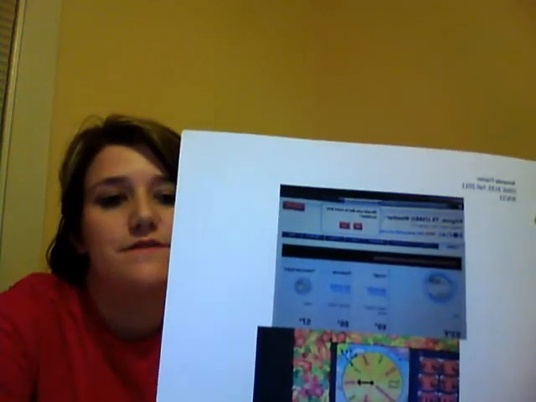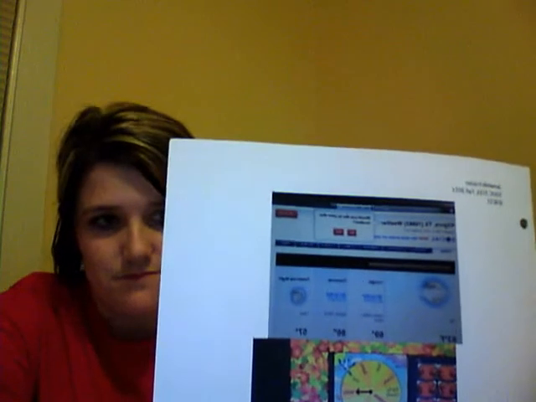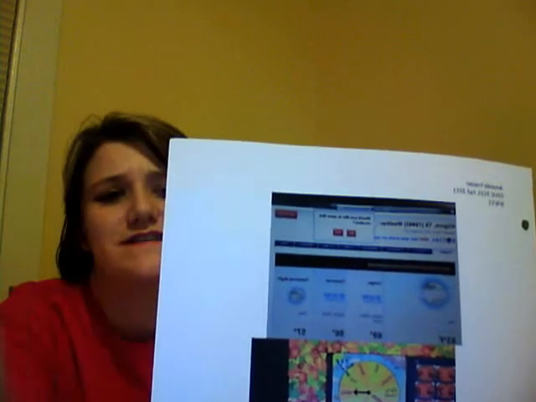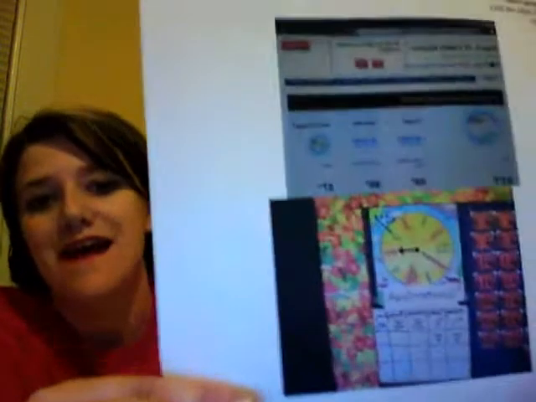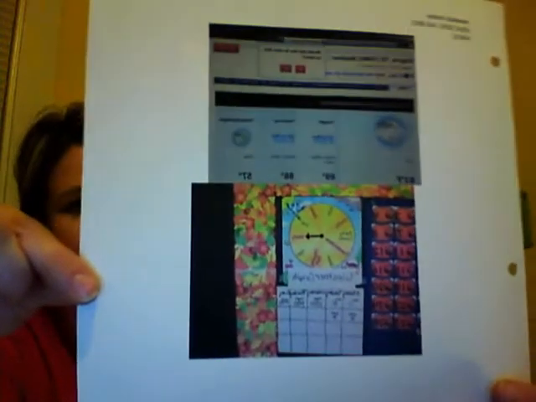And then we would compare what weather.com says about what the weather is for the day with what it actually feels like outside. And we would mark that with a dry erase marker. And then we would put the symbol for what it is down on our symbol chart.